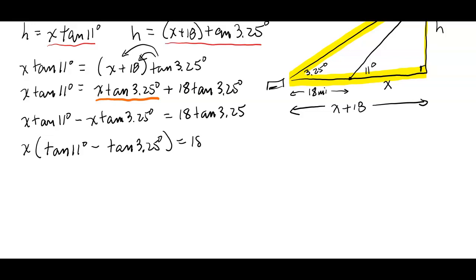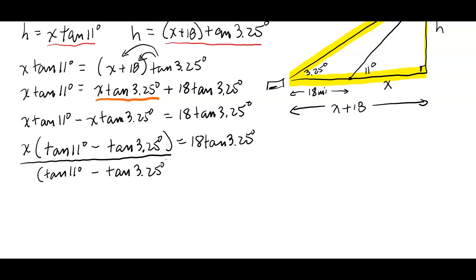I still have 18 tan 3.25. Okay, and now that I have the x isolated over here, I can divide both sides by tan 11 degrees minus tan 3.25 degrees.